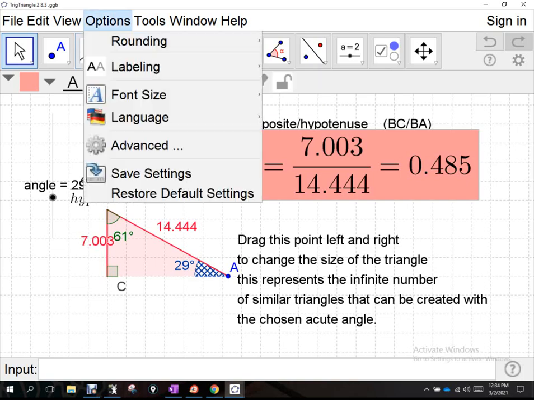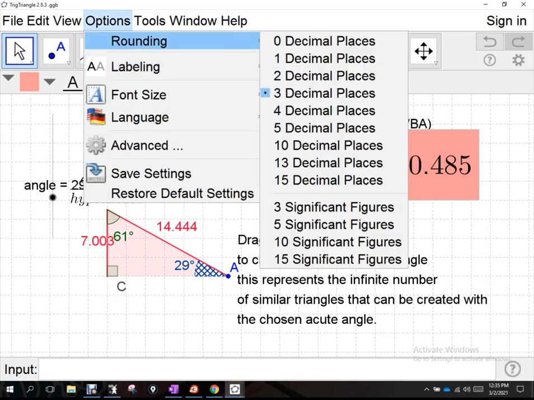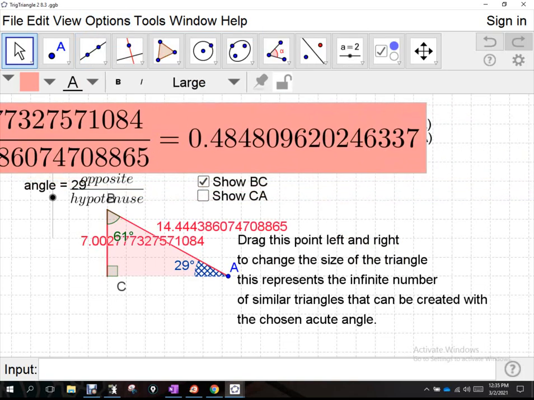So it's showing me, and I can go out to however many decimal places I want, 15 decimal places, okay, that my two sides, my opposite side and my hypotenuse of any right triangle that has a 29-degree angle in it, the opposite side divided by hypotenuse is always going to be in a ratio of 0.4848096202463337 over 1. Does that make sense?